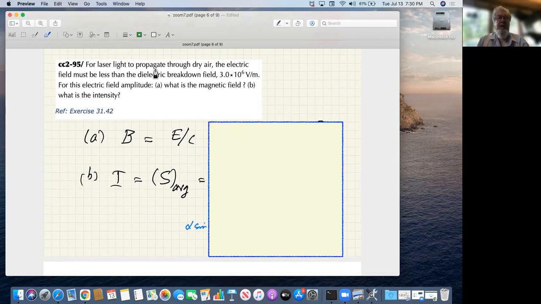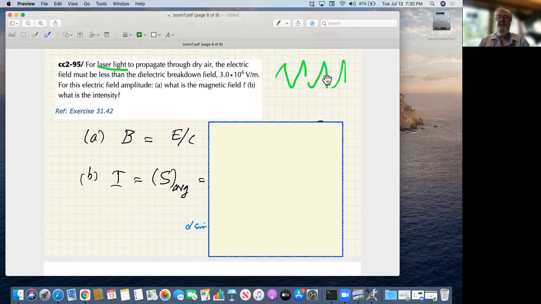Here's another problem involving a propagating wave. Let's say the wave consists of laser light. There'll be an electric field with some maximum value, and if the value is too large, it'll cause sparking in the air.